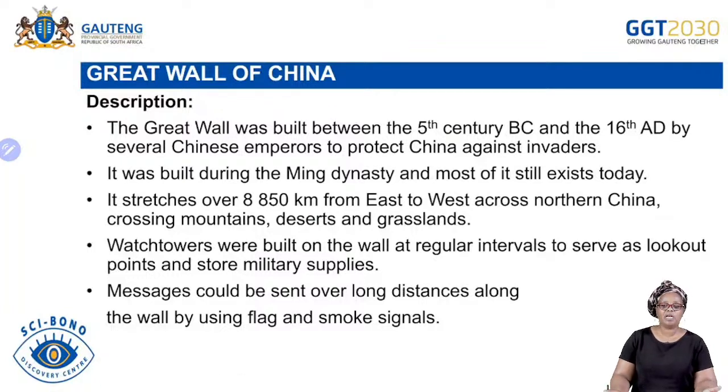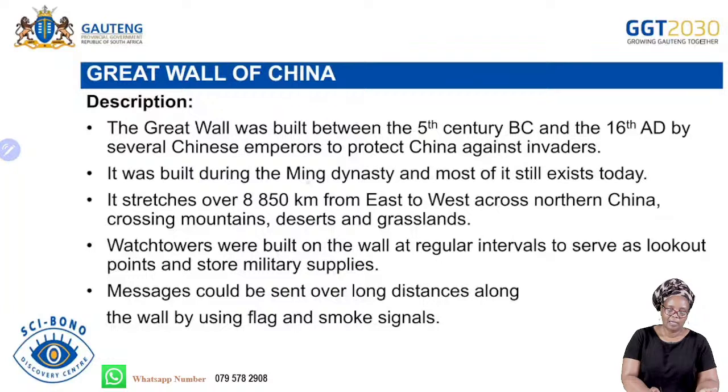It was built during the Ming dynasty, and most of it still exists until today. Remember, it was done in the 5th century BC, but even today, the remains are still there.